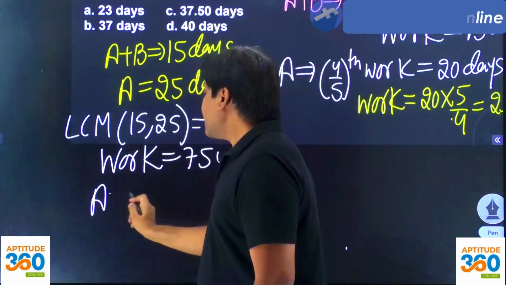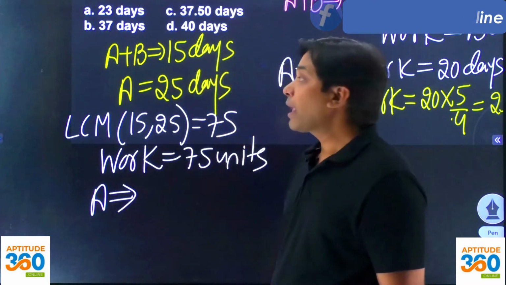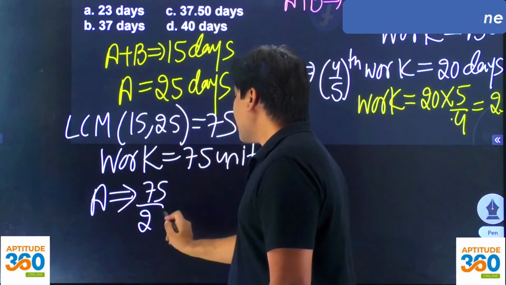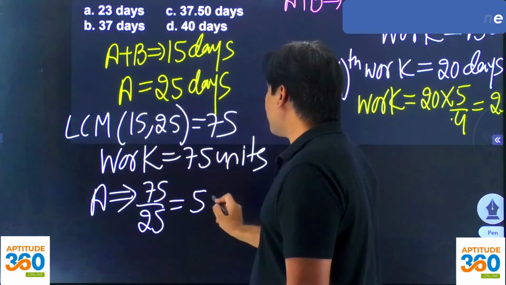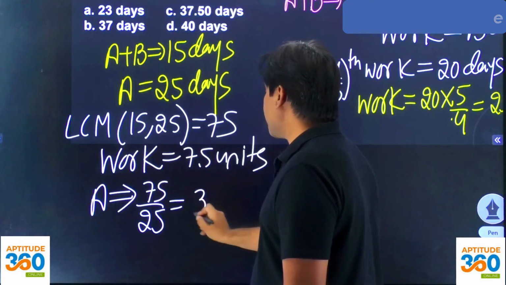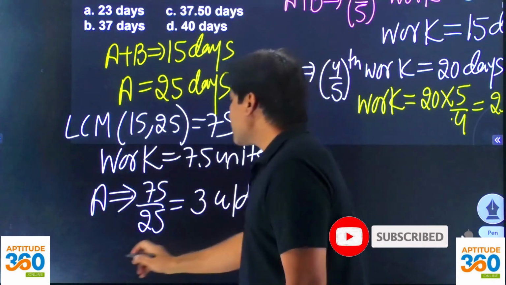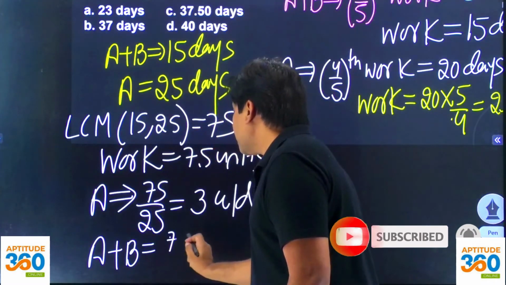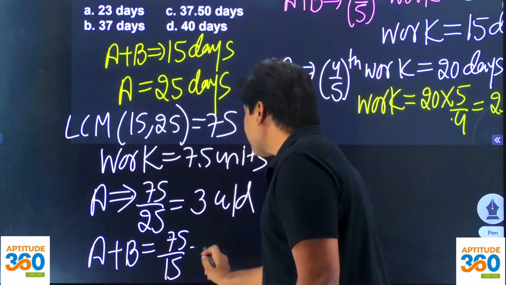Pretty simple for us to find out. What is going to be the rate of A? A finishes the entire work in 25 days, and hence A would be doing 3 units per day. Whereas A and B collectively will be doing 5 units per day.